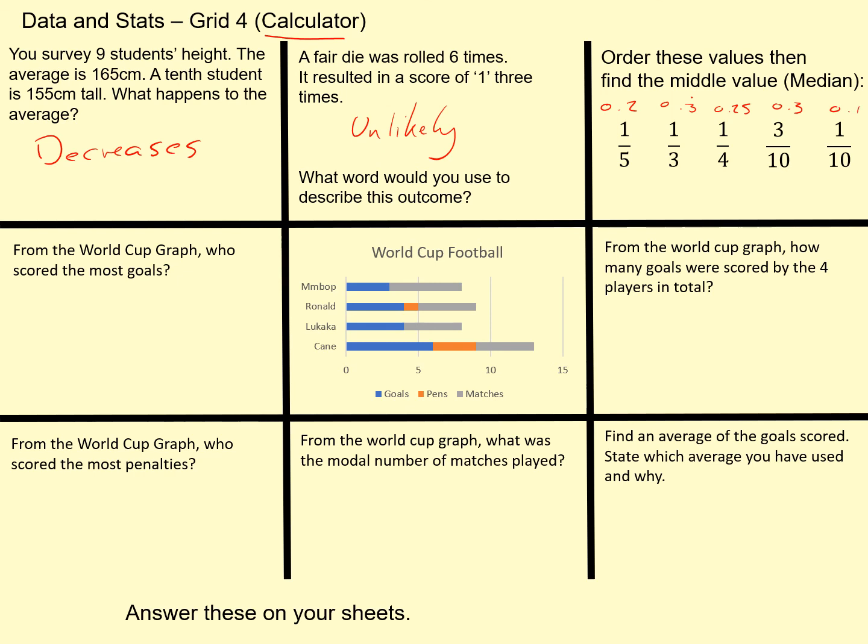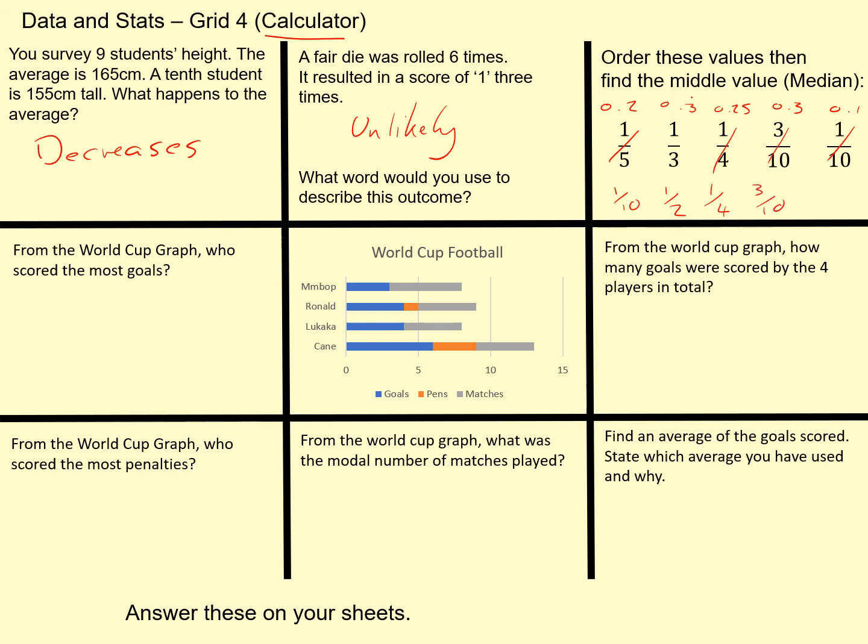So starting with the smallest, we have 1/10, which was 0.1. We then have 1/5, which was 0.2. Next, we've got 1/4, which is 0.25. Then we've got 0.3, which is 3/10.